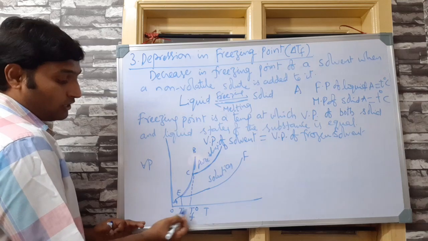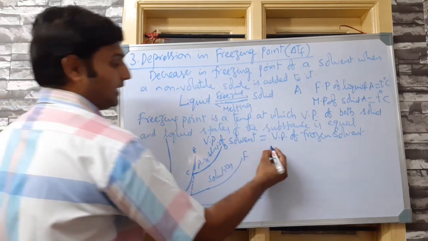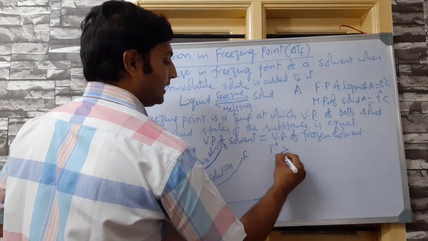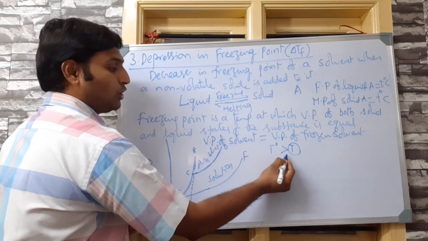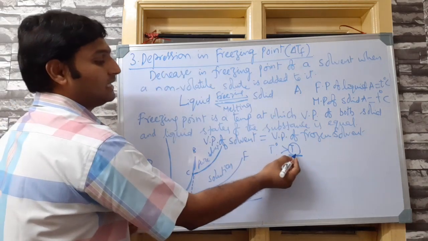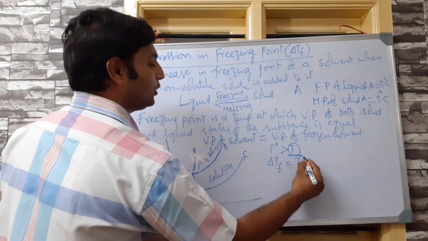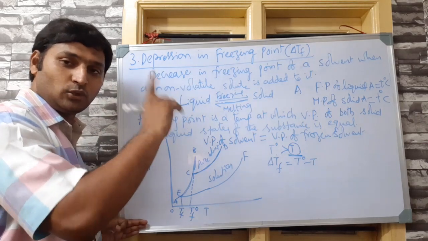Now tell me, out of these two, which is larger? T naught is larger than T. That means after it became a solution, the freezing point is reduced. Therefore, delta Tf is equal to T naught minus T. There, for boiling point, the solution's was larger, so we wrote T minus T naught.